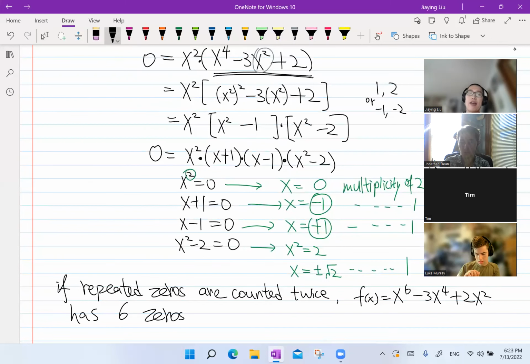Even though we have like 5 different ones, because x equals 0 repeats itself. So if we count that as 2 zeros, we actually get 6 zeros.